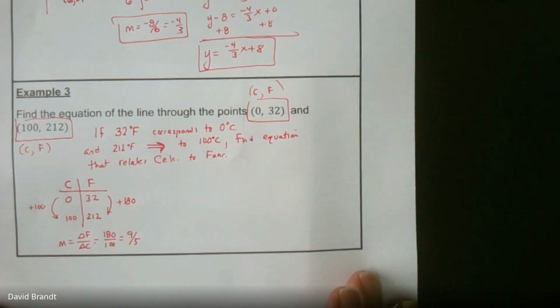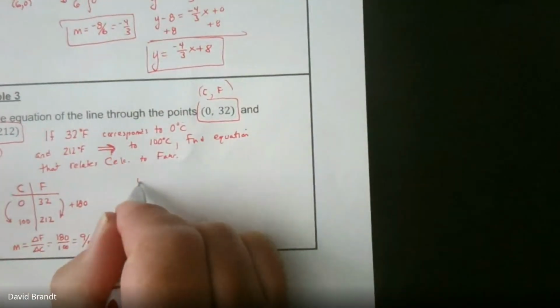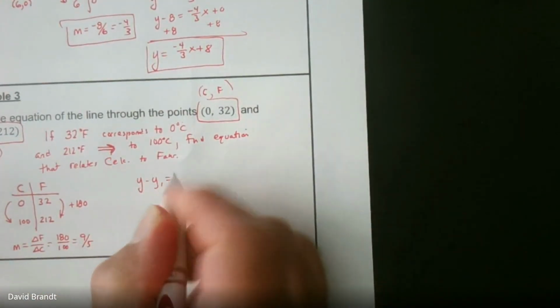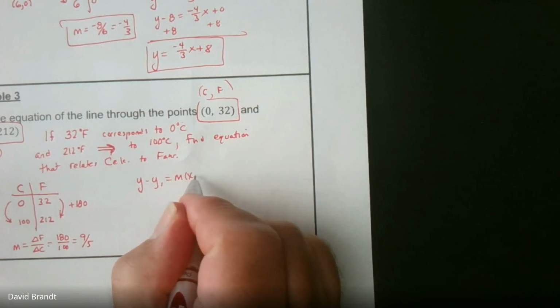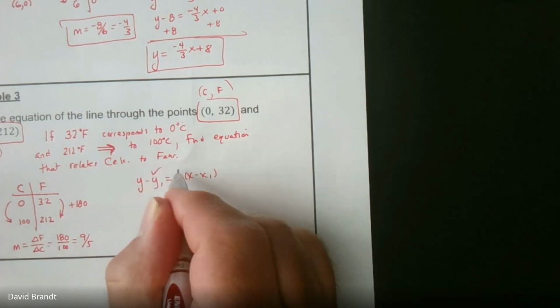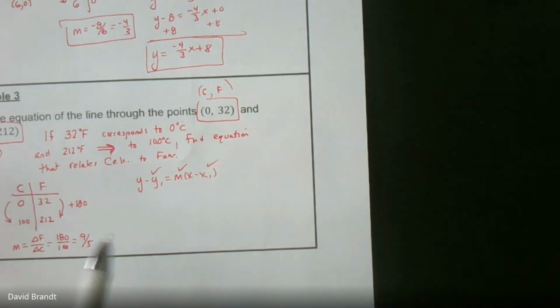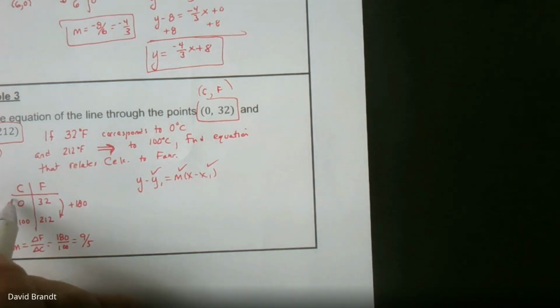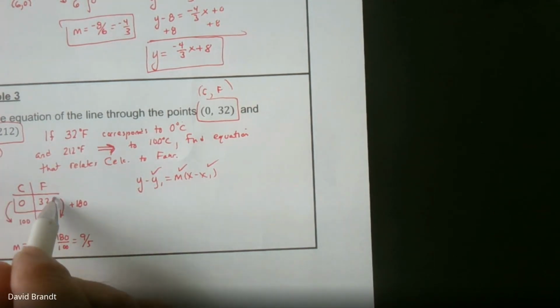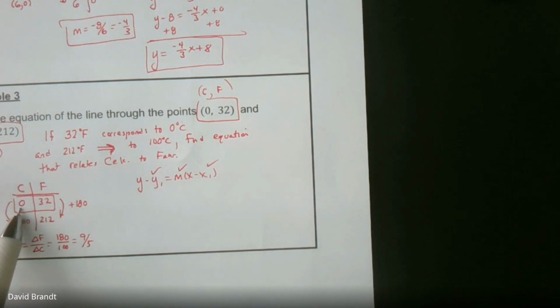Now, we can do this. y minus y1 equals m times x minus x1. Fill in these three numbers just as we did before. The m is 9/5, and you can use (0, 32) or (100, 212) as your point. But let's use a shortcut here. If x is 0, this is my y-intercept.